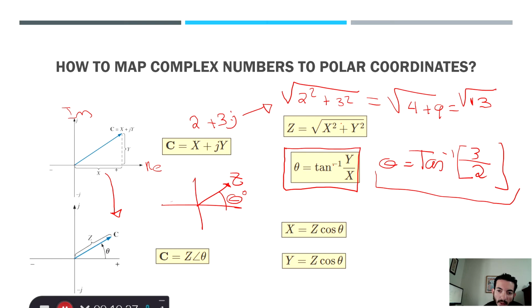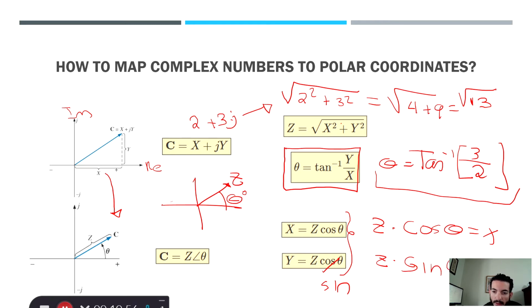Now if you want to go from polar to Cartesian, the only thing you have to do is get your x and y components back. So the magnitude times the cosine of theta will give you your x component, and your magnitude times the sine, this is an error here, this is not cosine, it is sine of theta, is equal to y.